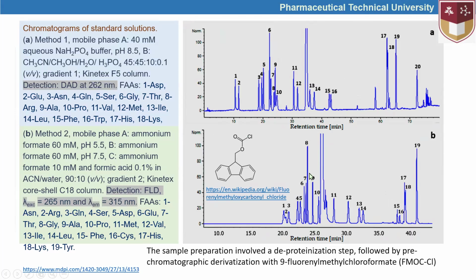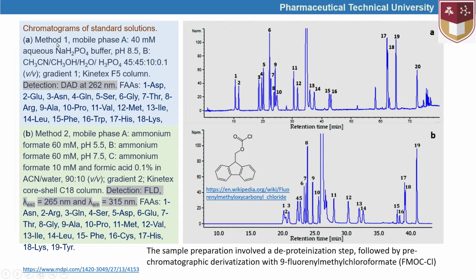Here we can see the concentration of amino acids identified by fluorescence detector, FLD, and these ones were identified by DAD. It is not linked with the detector in these two conditions. It is linked with the varying composition of the eluent.